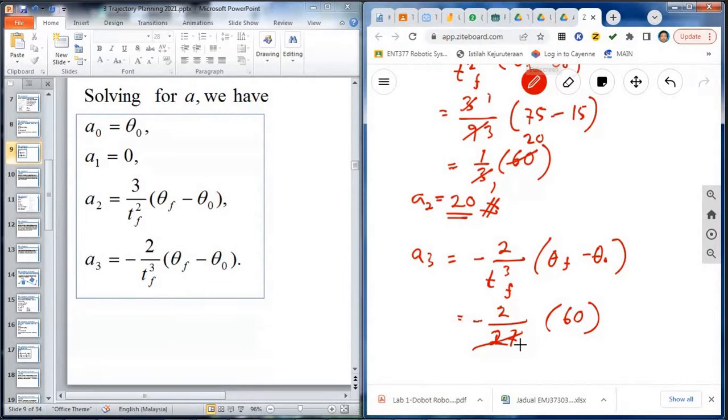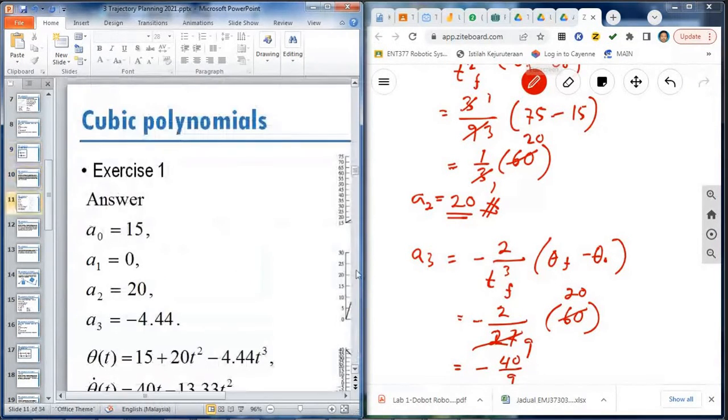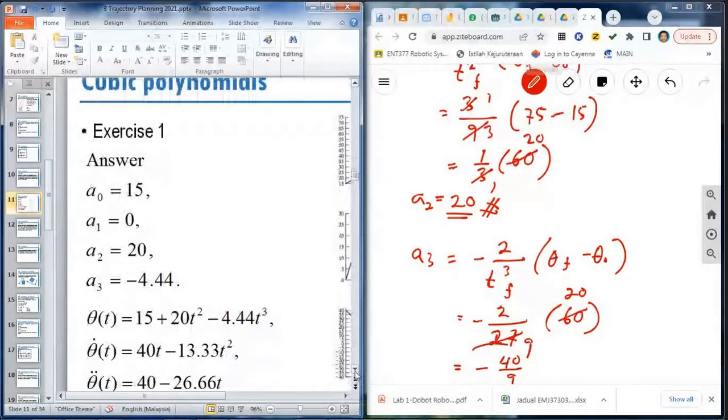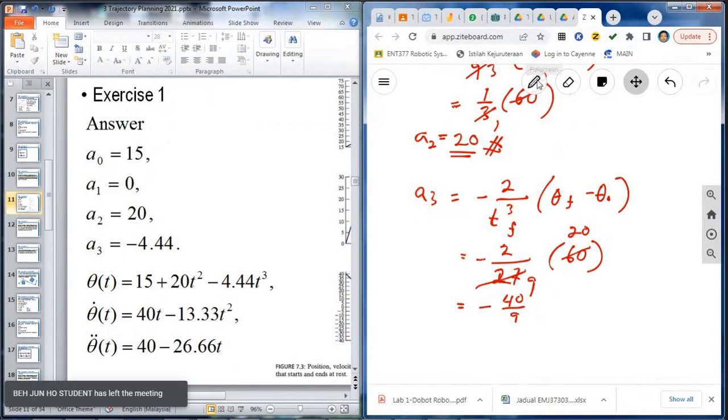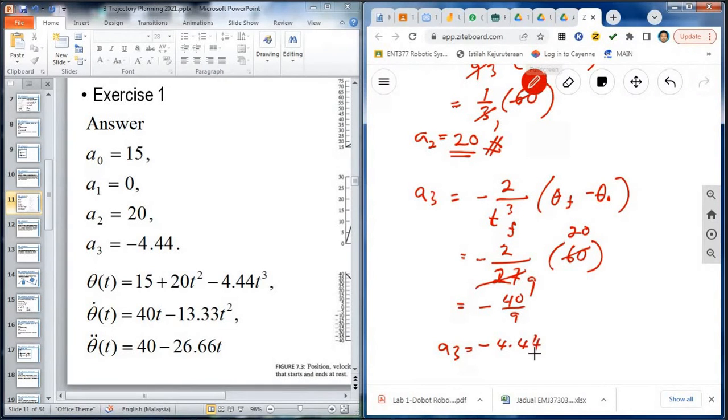So equal to negative 40 divided by 9. So what do you get? 4.44. A3 equal to negative 4.44.